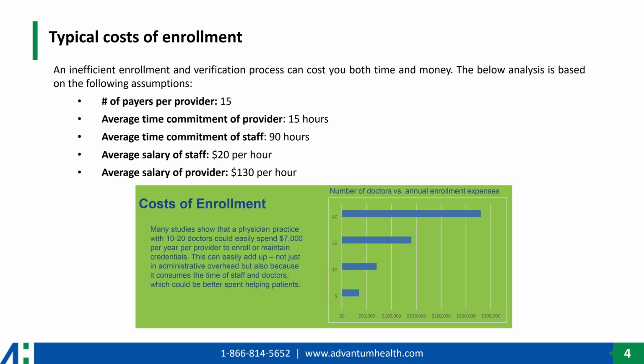The average time commitment for a provider is about 15 hours. The average time commitment for staff ends up being about 90 hours. And when you factor in the staff cost at about $20 per hour and the salary of a provider, roughly $130 per hour, you can see how these costs can really add up pretty quickly.